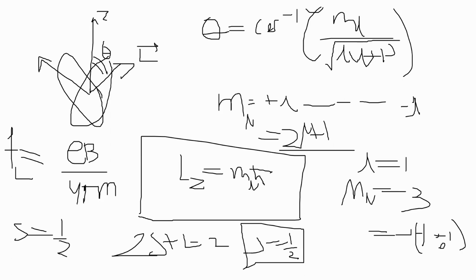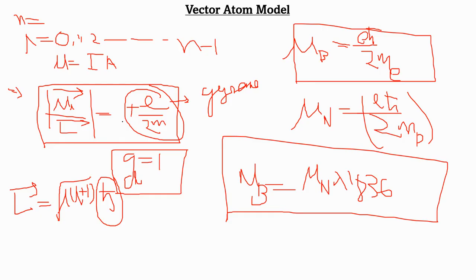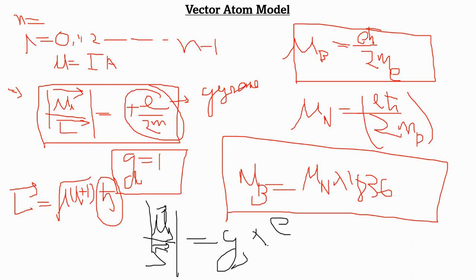The algebra of the spin of the electron is very similar to that of the orbital motion, but there is one difference. In orbital motion, we get mu l by l equal to e by 2m, but in case of spin, mu s by s equals g s into e by 2m.